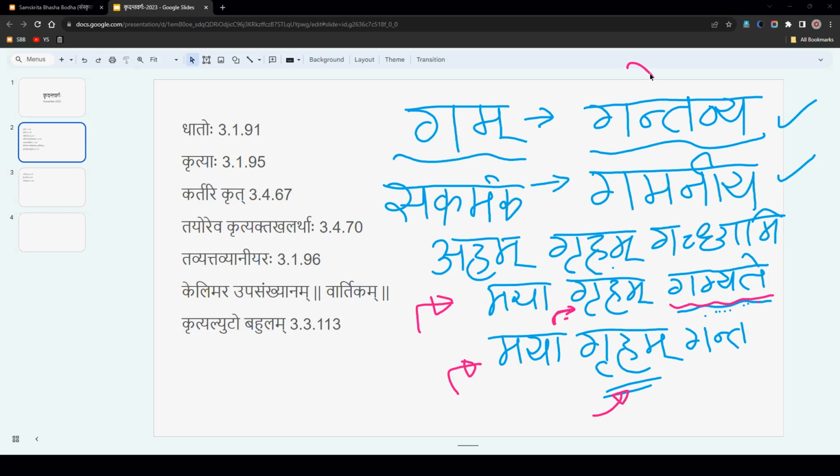Now since this Kridanta is a namapadam, it has a lingam and vachanam also. So its linga vachana should be according to the karma padam. So maya graham gantavyam. It is a visheshanam, so the linga, vachana, vibhakti should also be as per the karma padam.